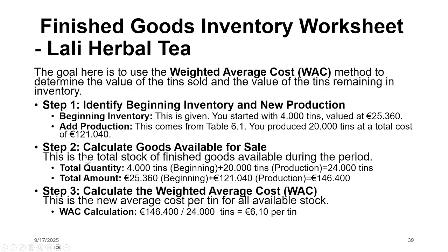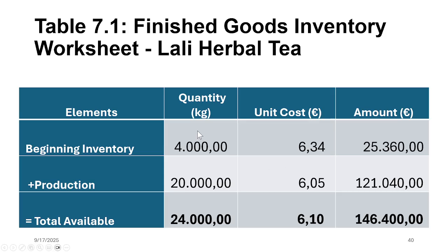121,040. In step 2, you calculate the goods available for sale. It should be the sum of the beginning inventory plus the production, which is 24,000. And now in step 3, you calculate the unit cost of the inventory, which should be the total amount 146,400 divided by 24,000.